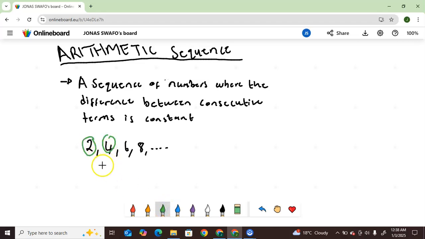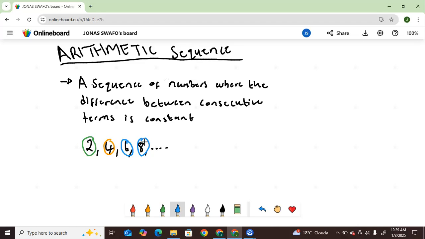It's 2. What is the difference between the 4 and the 6? We can see the difference is 2. Then what is the difference between the 6 and the 8? We can clearly see that the difference is 2.